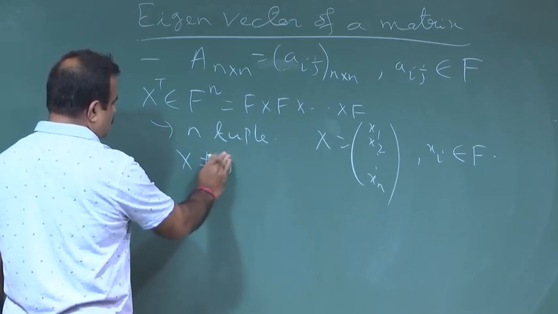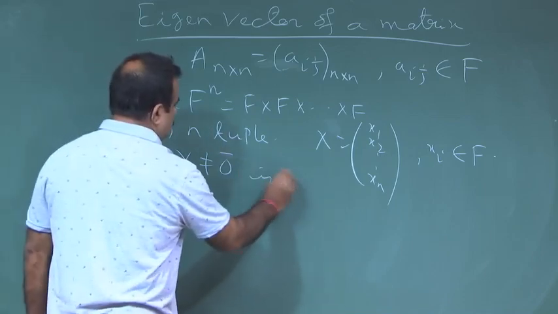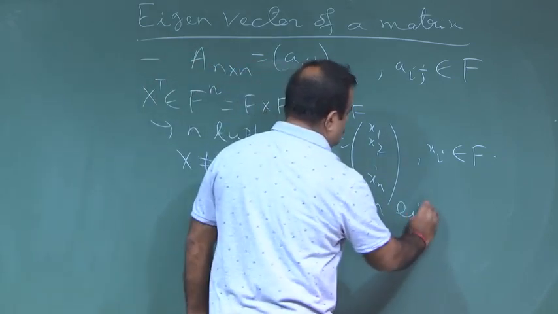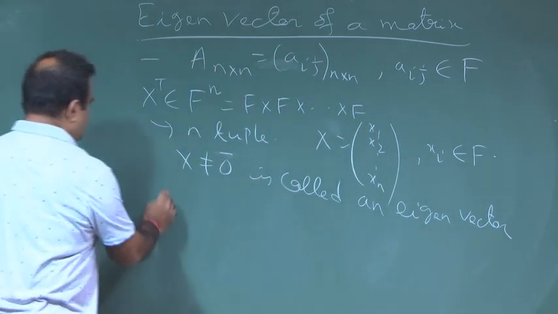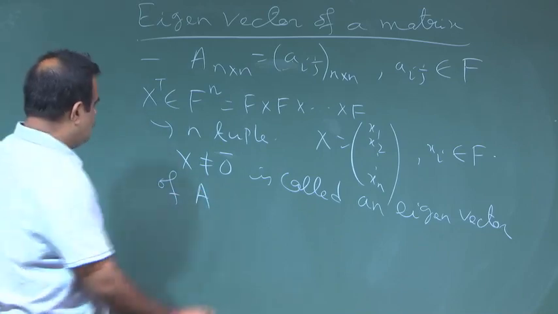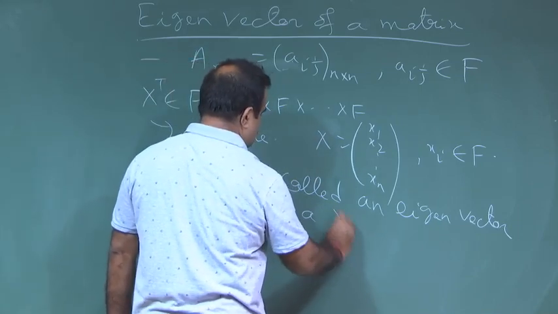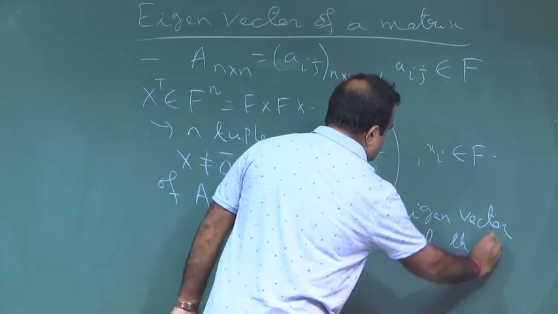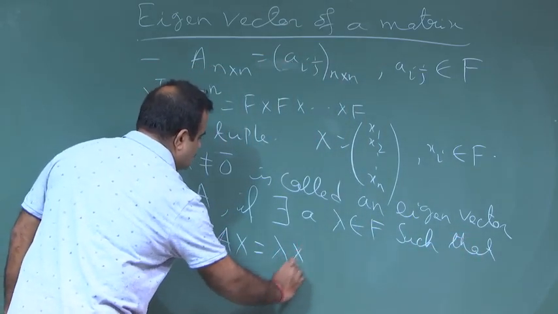A non-zero vector x is called an eigenvector of A if there exists a scalar lambda, again from the field, such that A x equals lambda x.